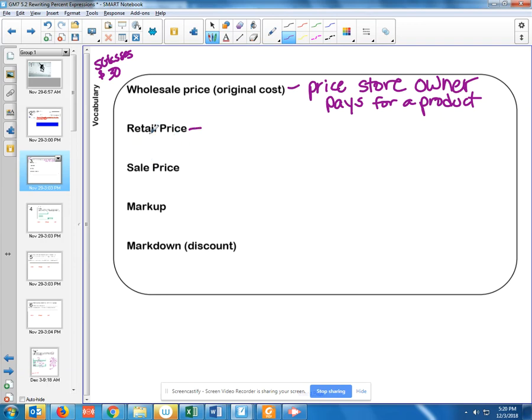I've got computers and cash registers and all this stuff that I have to pay for, and the rent for my building space. So my retail price, if I think of it from the store owner's perspective, is the price the store owner charges now for the product.